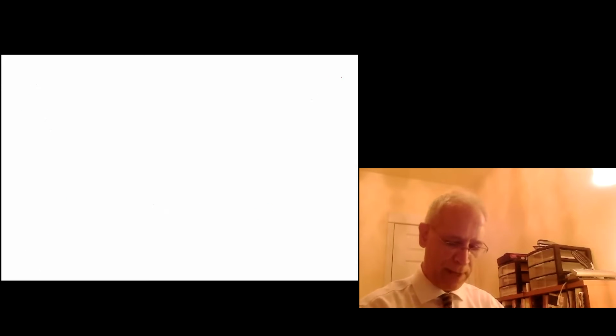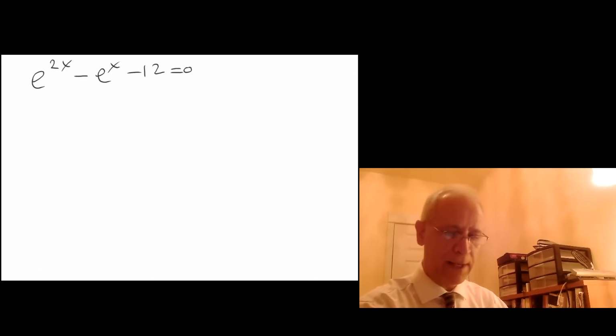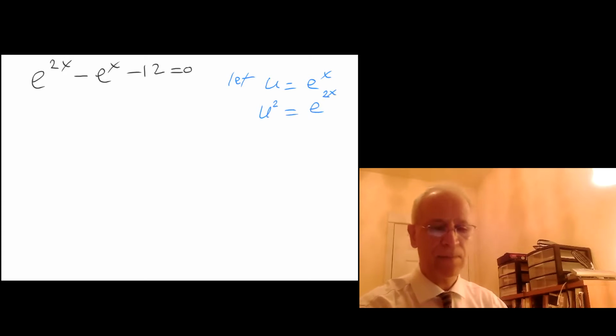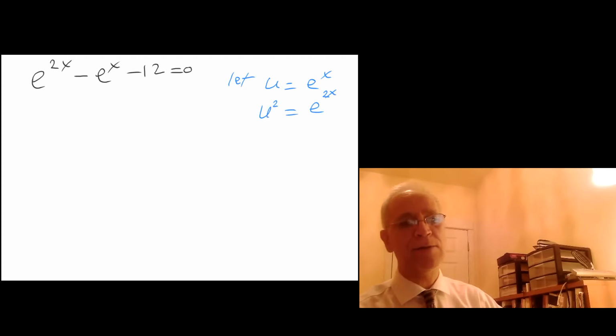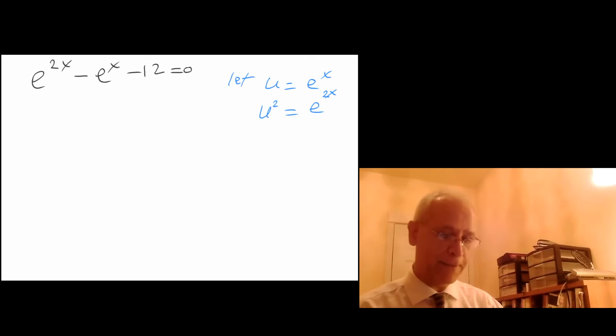So suppose I am at this point where I have e to the 2x minus e to the x minus 12 equals 0. I'm going to say let u equal e to the x, then u squared equals e to the 2x, because e to the x times e to the x is e to the 2x: you keep the base and you add the exponents.